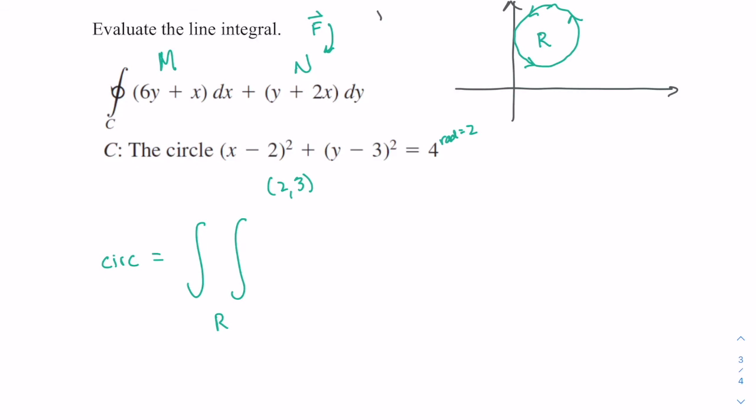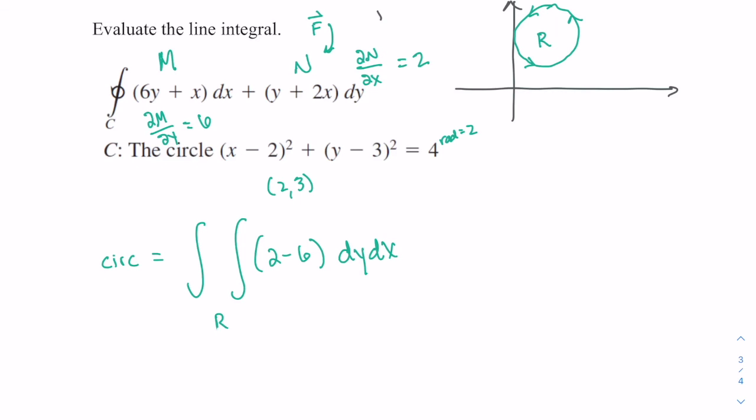So in this case, dN/dx will just come out to be 2, and dM/dy will come out to be 6. All right, so all we're getting is 2 minus 6, dy dx.